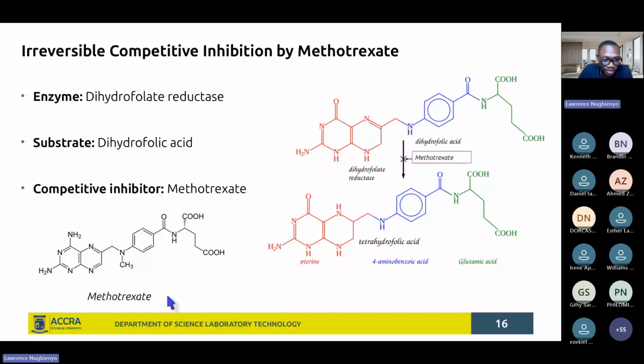Because now if you look at methotrexate, the structure over here, it looks very much like the dihydrofolic acid, the one that is converted by the dihydrofolate reductase to the tetrahydrofolic acid. If you look at this structure of methotrexate, it looks very much like it.